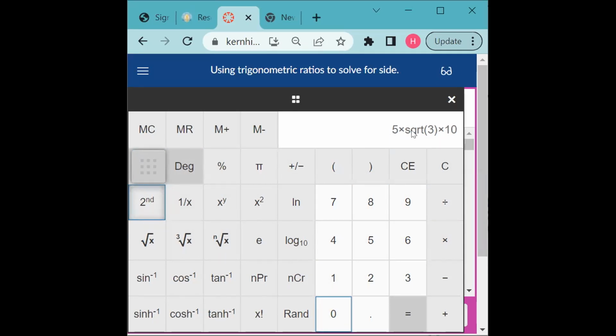That's what I had on top of my fraction. Remember, I had 5 times square root of 3 times 10, and then divided by 2. Right? If I do this, this gives me the blue triangle that I had. But whatever I get, let me multiply this by 6. I'm going to multiply by 6. And it gives me 259.80.